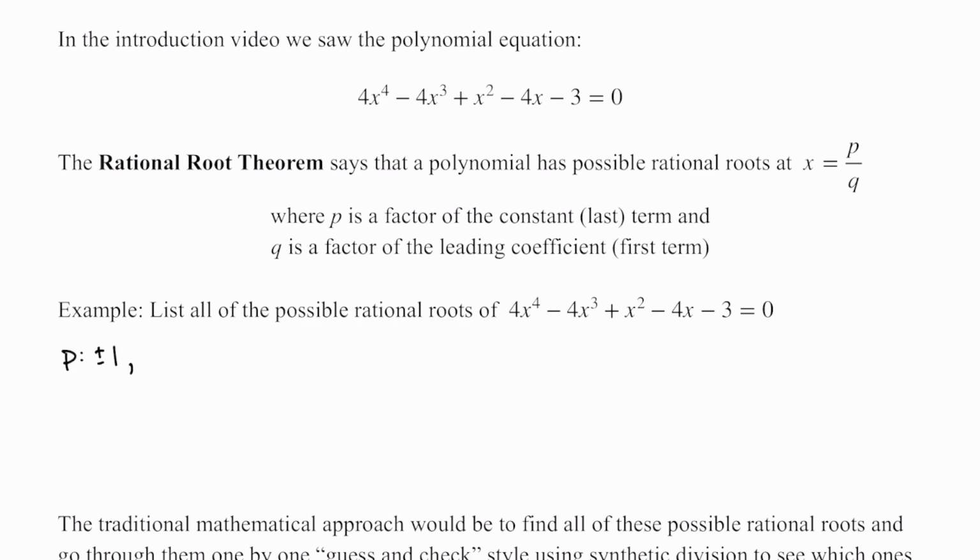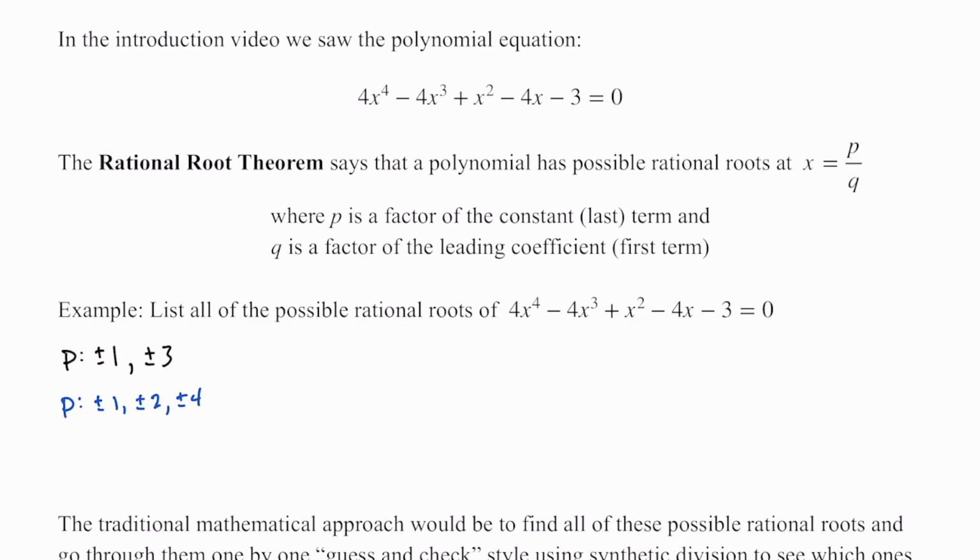The other factor of that -3 would be plus or minus 3. Those are the two factors of the -3 term. The first term is 4. That would be plus or minus 1, plus or minus 2, and plus or minus 4.